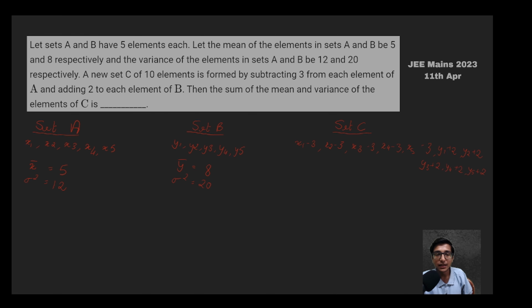So we've got 10 elements here, and now we have to find out, let's say the mean is represented by C bar. We have to find this, and we have to find the variance, sigma dash square.